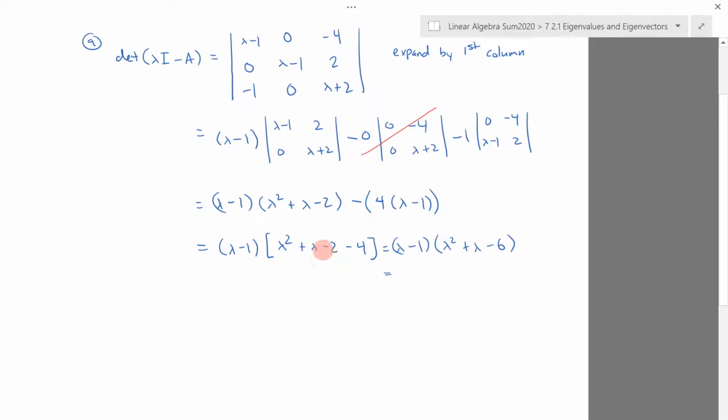So by doing it this way, the most I get is the quadratic here, which is easy to factor, right? So if I take plus 3 minus 2, then plus 3 times minus 2 gives me negative 6, and plus 3 minus 2 gives me a plus 1. So this is lambda plus 3, lambda minus 2.